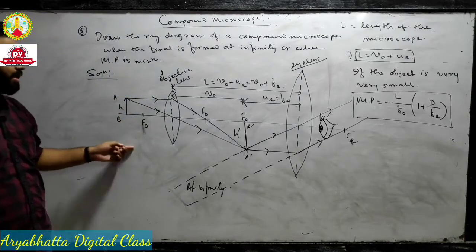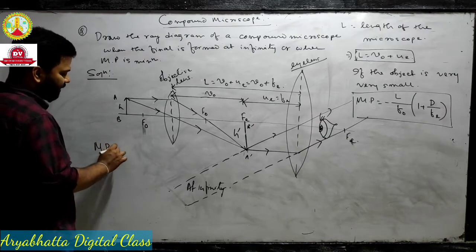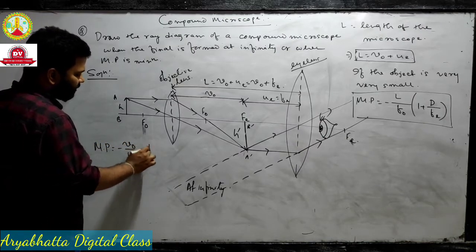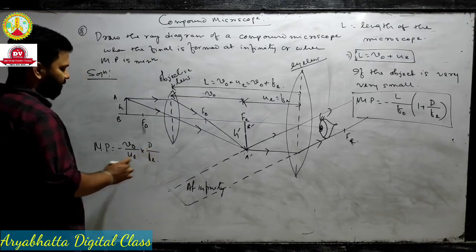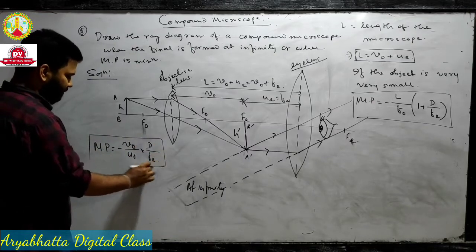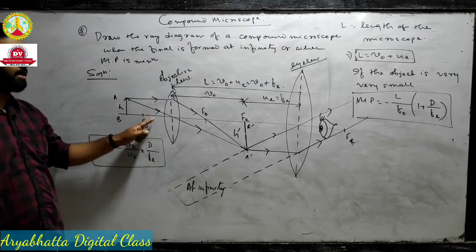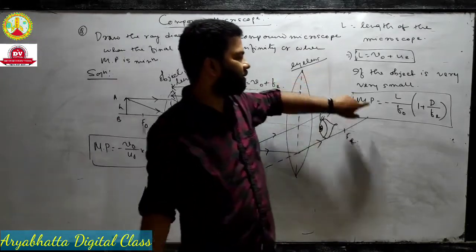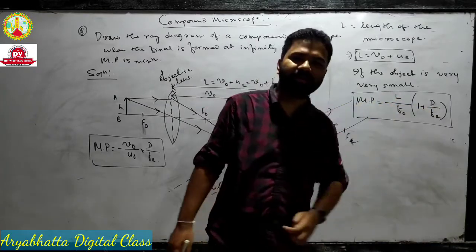What is the magnifying power here? For this one, the magnifying power will be minus V naught by U naught into D divided by UE. Instead of UE, I can write FE. So minus of V naught by U naught into D by FE for this diagram. And if the object is very, very small, it will be minus of L by F naught, where L is the length of the microscope, into 1 plus D by FE.